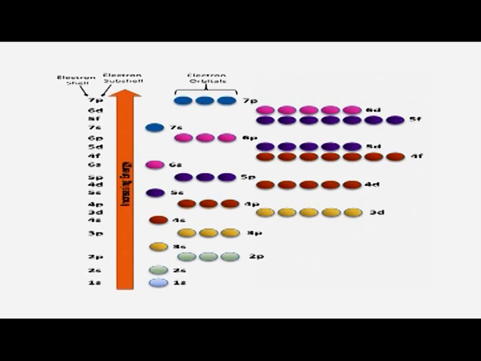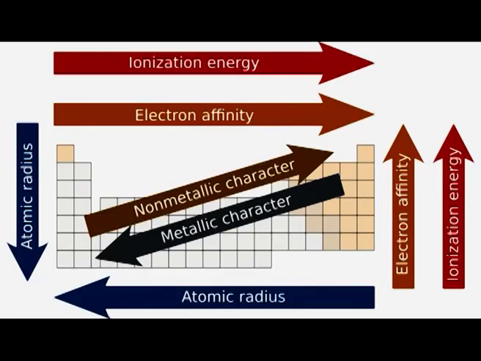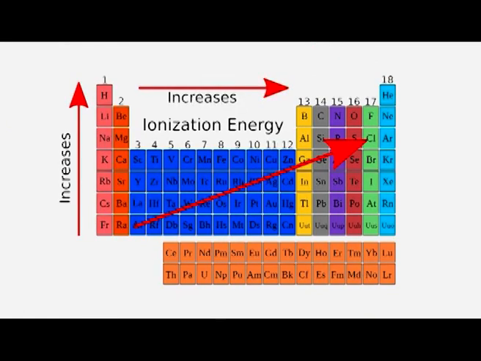Moving from left to right across a period, electrons are added one at a time to the outer energy shell. Moving down a group in the periodic table, the number of electrons and filled electron shells increases, but the number of valence electrons remains the same.